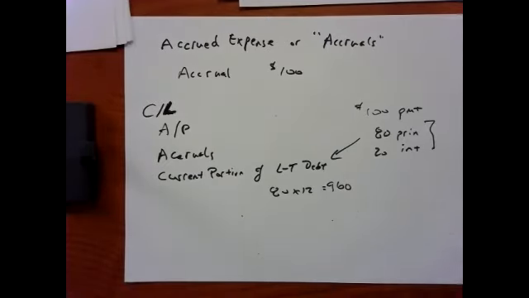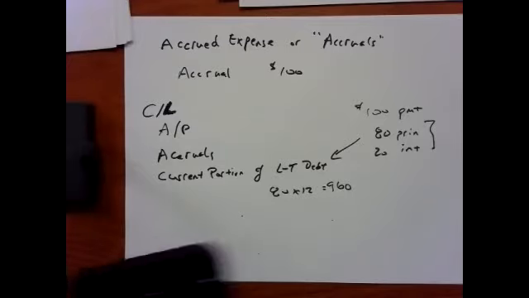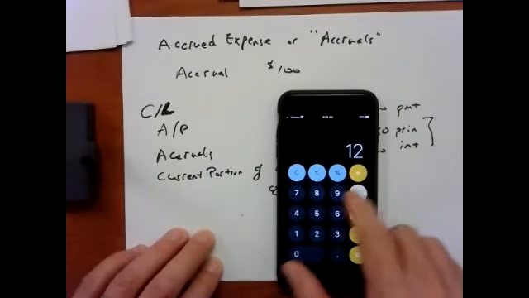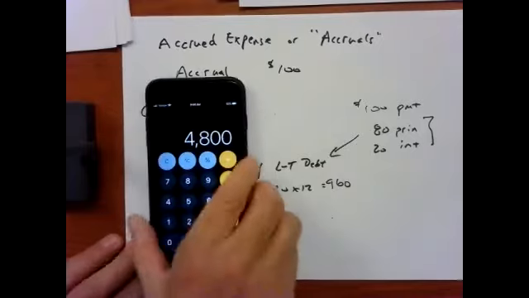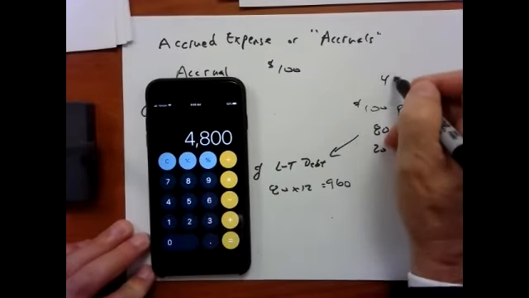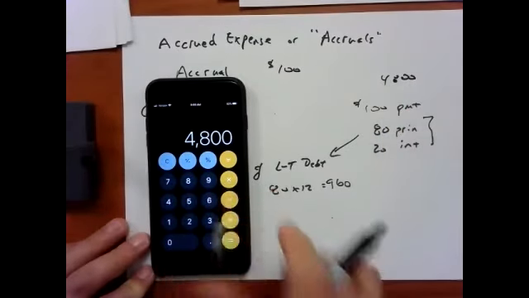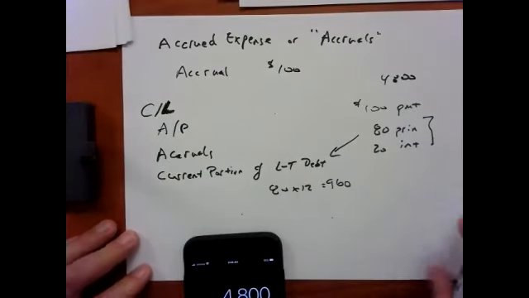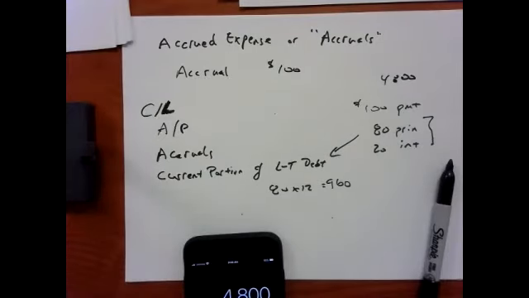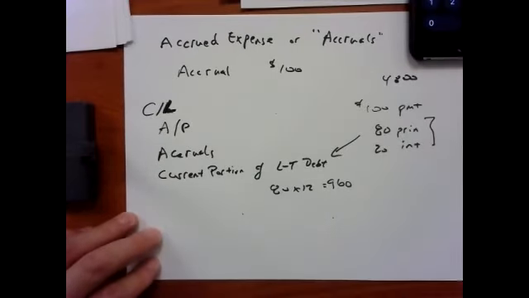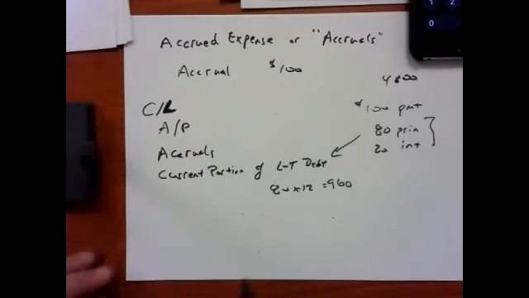Let me make sure I'm doing the math right: 5 years times 12 times 80, yes, 4,800. 960 of it would be the current portion, meaning the portion of the principal that you're going to pay this year. That would be the current portion of the long-term debt. So the rest, the long-term portion, would be 3,840.